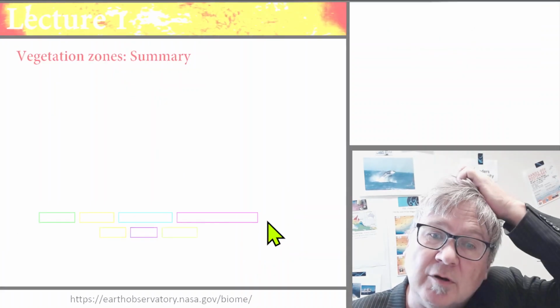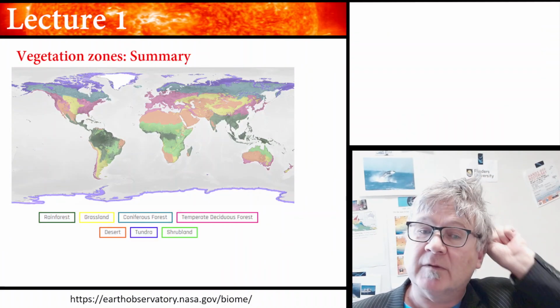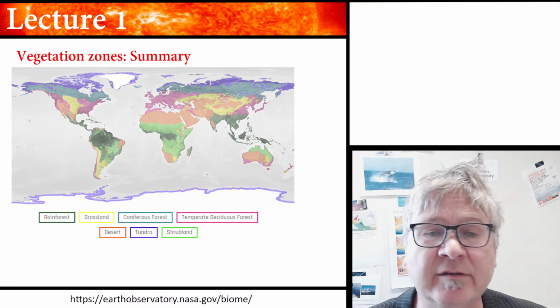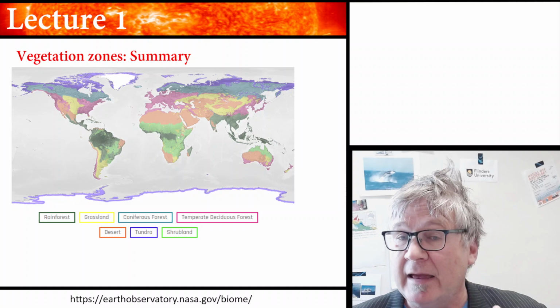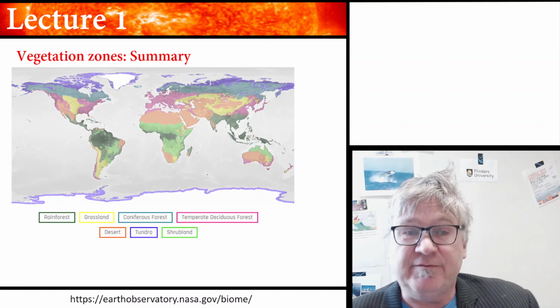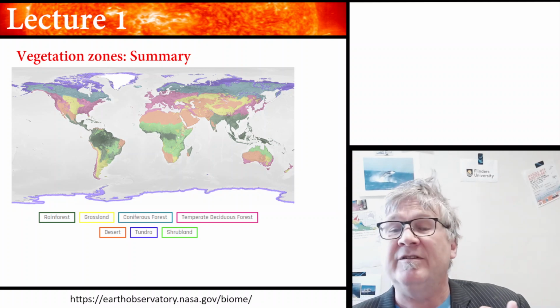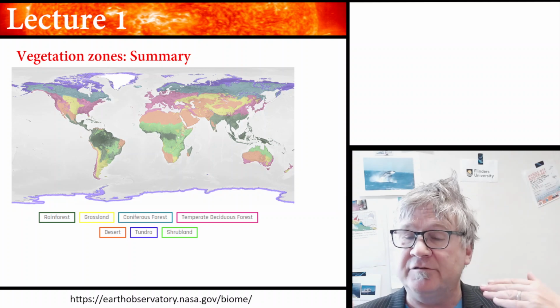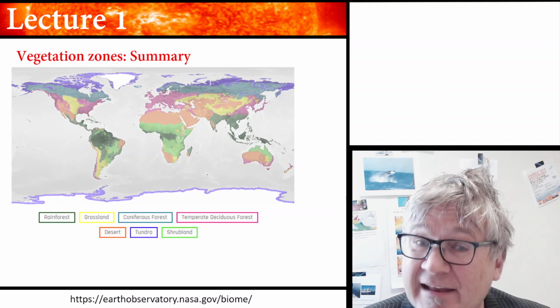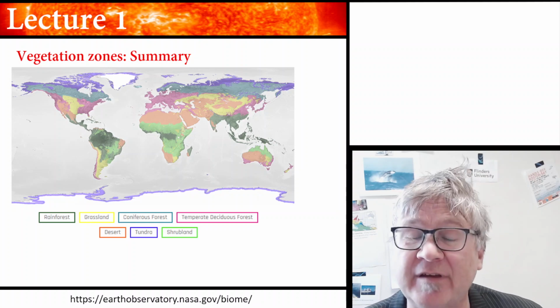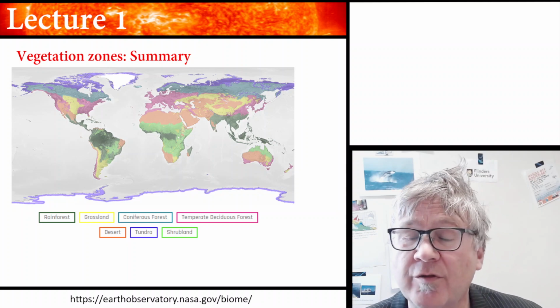Alrighty, so we can put it all together on one map. Okay, and you can look at all these areas and the distribution on this map. And this vegetation is the result of the distribution of temperature, air temperature, and precipitation on Earth.